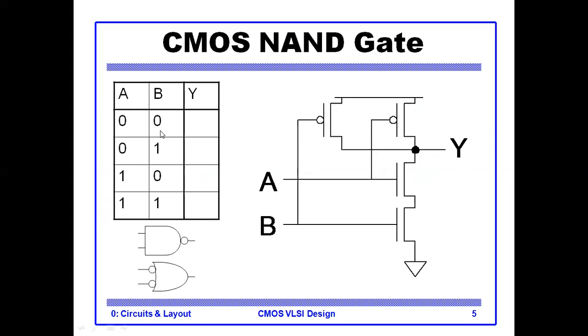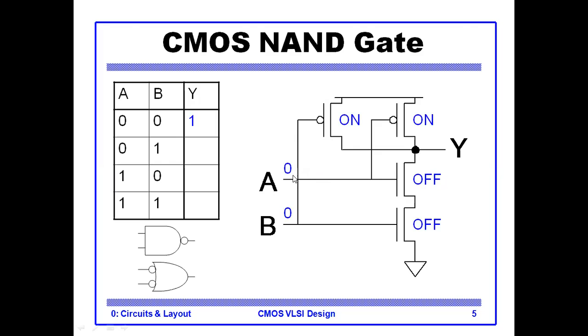Suppose now I am applying 0 0 to both inputs. What will happen? According to the ideal operation of NMOS and PMOS transistors, when we apply 0 to the PMOS, it goes into the on condition, and when we apply 0 to the NMOS, it goes into the off condition.